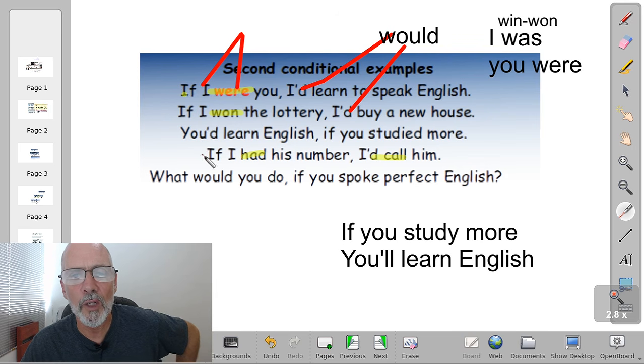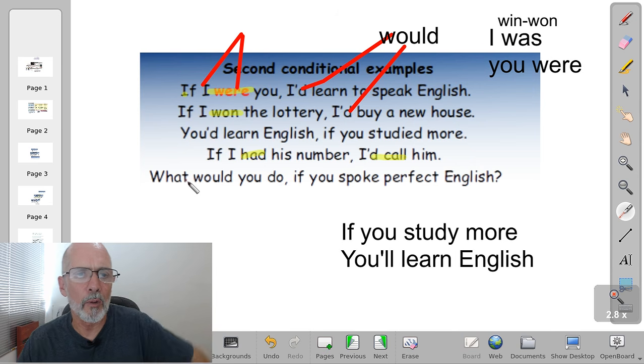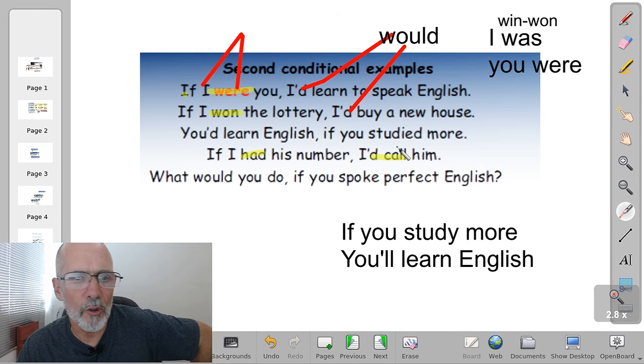It's an imaginary situation. Maybe it's not an imaginary situation if you keep studying. But right now it's an imaginary situation. And it's a question too. What would you do if you spoke perfect English? It's a way of asking people about imaginary situations.